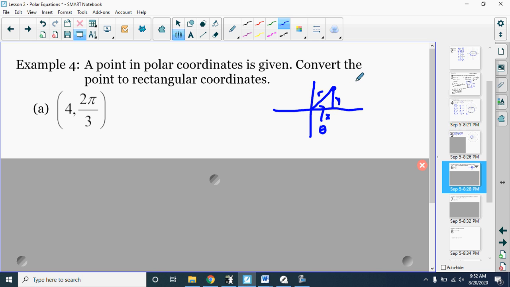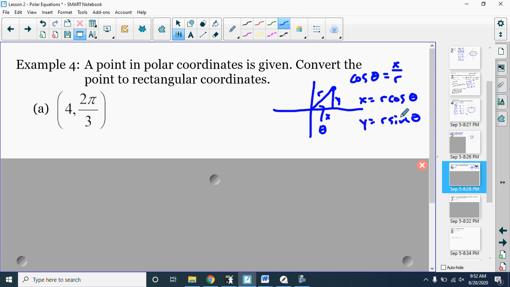So we could say cosine theta is x over r, adjacent over hypotenuse. So my x value is equal to r cosine theta. And we could do something similar with the y value. We would get y equals r sine theta.